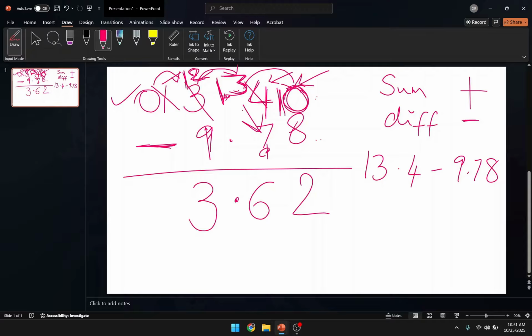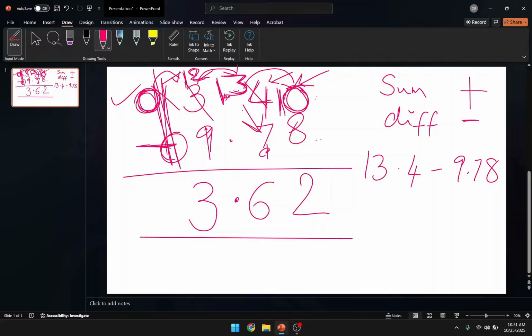Right? And now here I have 0. And here also I have 0. 0 minus 0 is 0. I don't have to worry about this part. So now I know the answer is 3.62. Okay. Now 3.62 is the difference of 13.4 and 9.78.